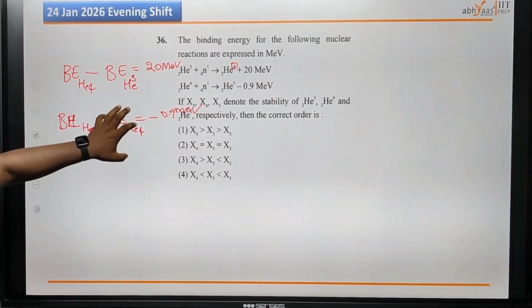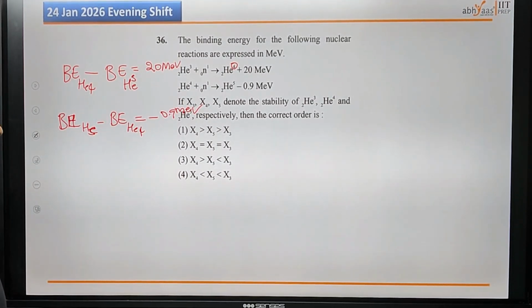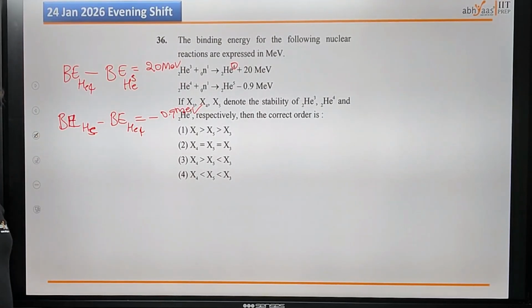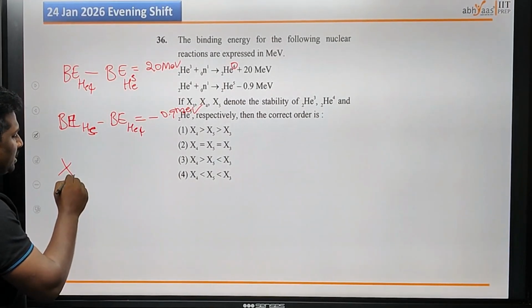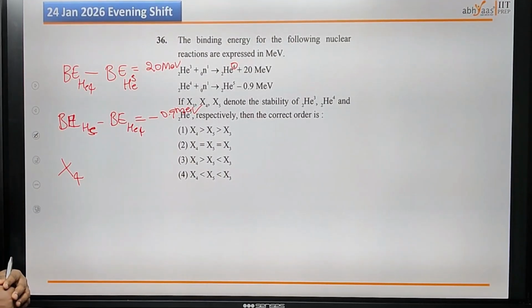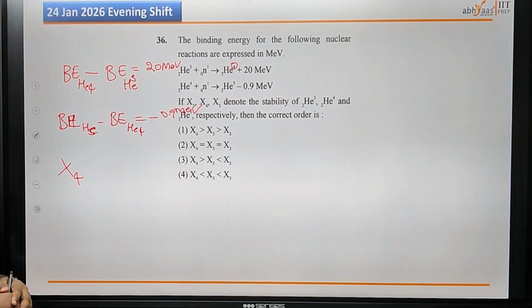In the second case we are having a negative sign for helium 4, that's why we are getting negative. So from this, B3 and B5 are much less than helium 4. So He4 is greater than He3 and He5. In this case we are getting a negative sign, but positive sign there.